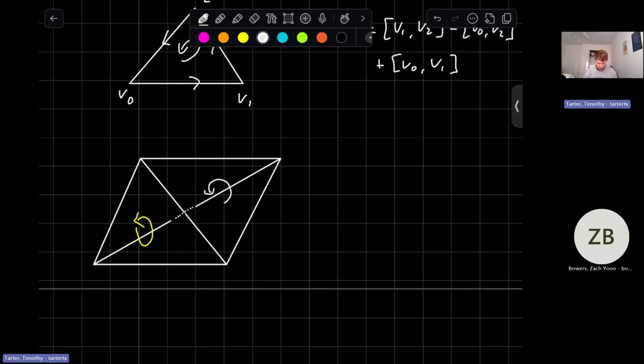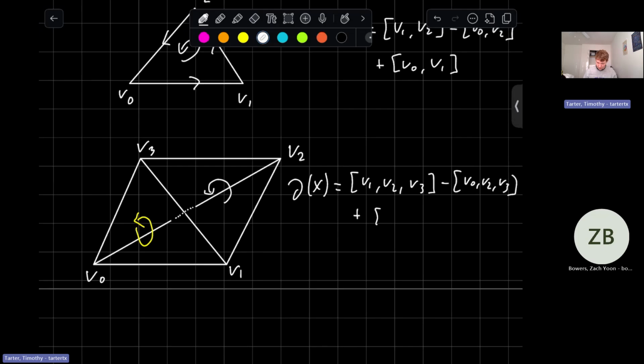But this is v0, v1, v2, v3, and the boundary of this simplex is v1, v2, v3 minus v0, v2, v3 plus v0, v1, v3 minus v0, v1, v2.